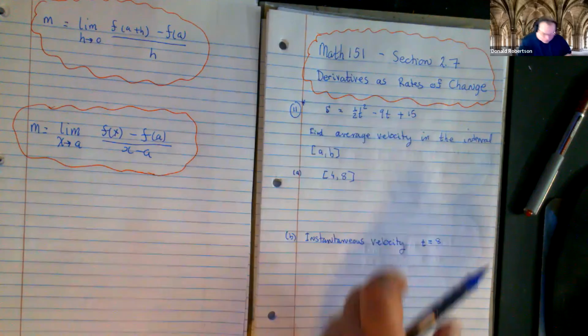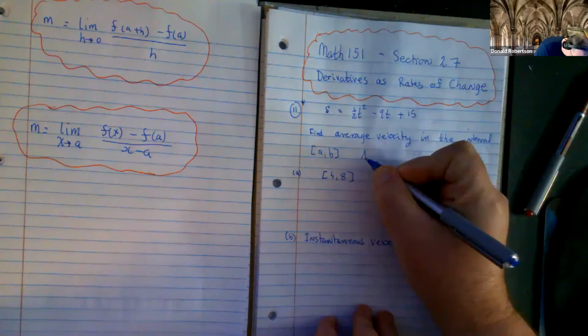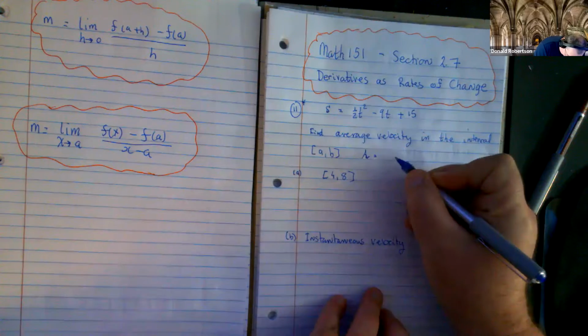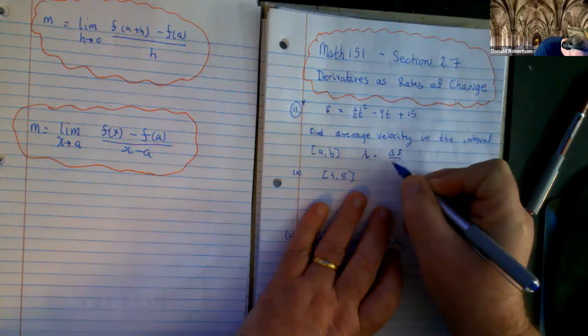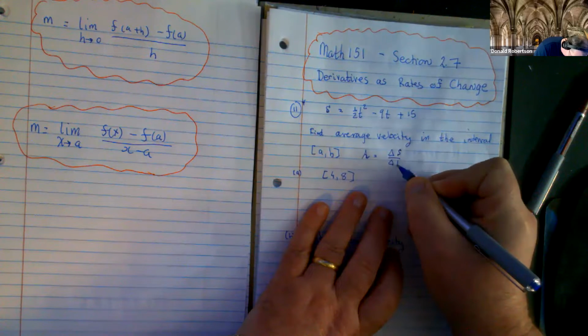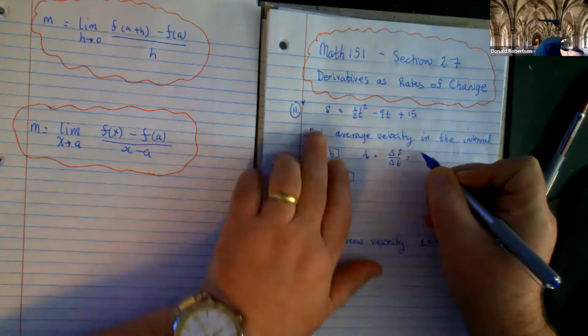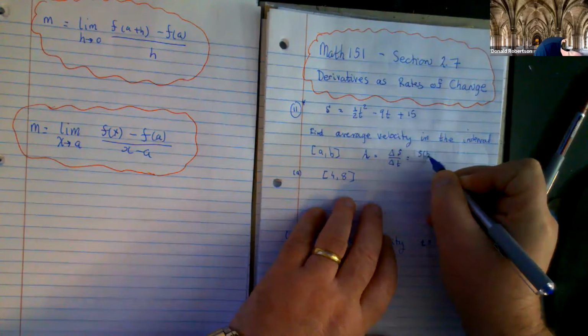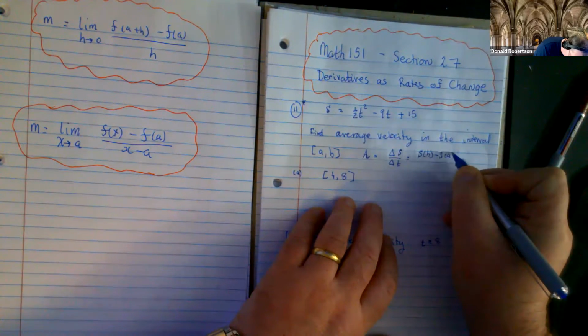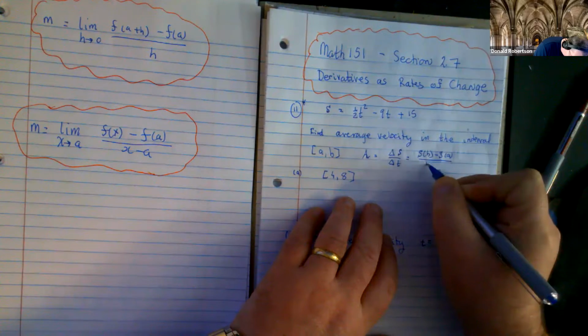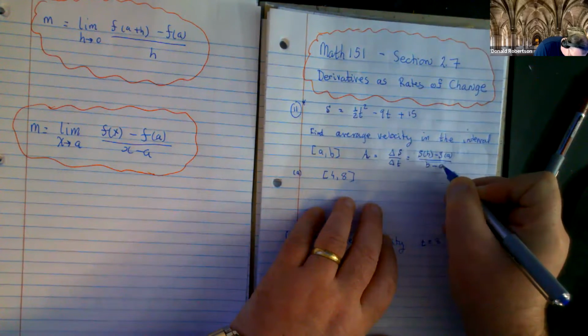So you want to know the average velocity. It's essentially the difference in position divided by the difference in time. So this would be the value of the function at B, take away the value of the function at A, divided by the time B, take away the time A.